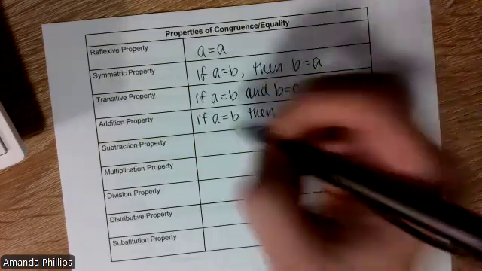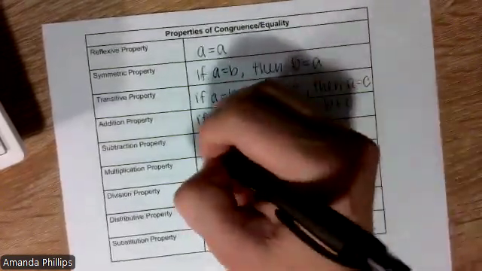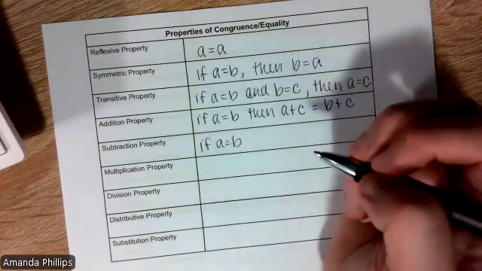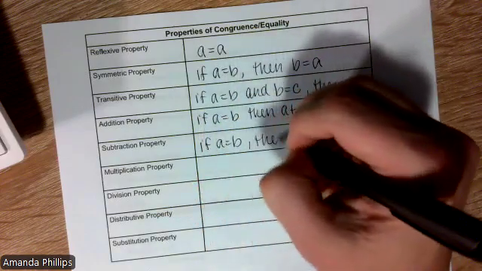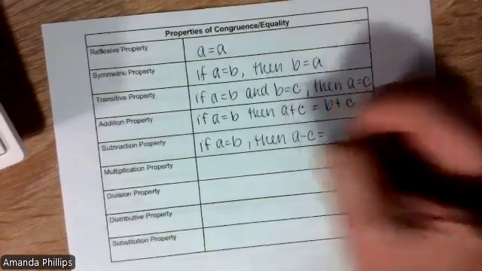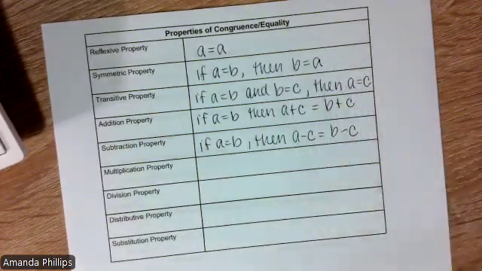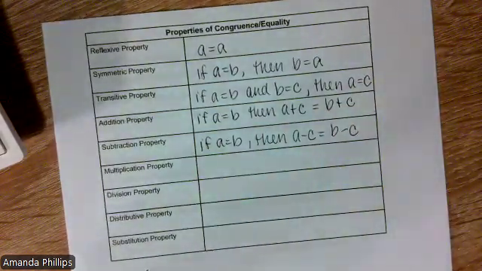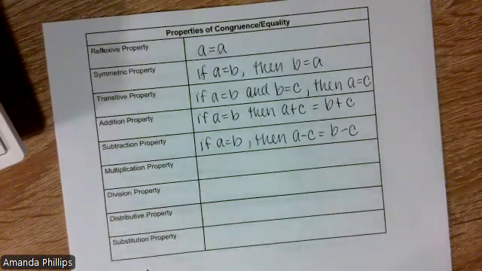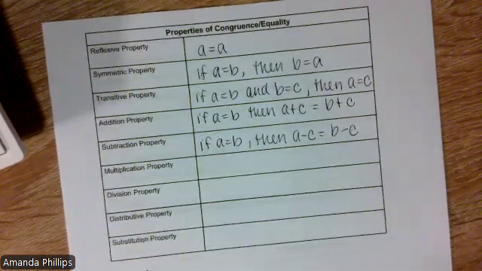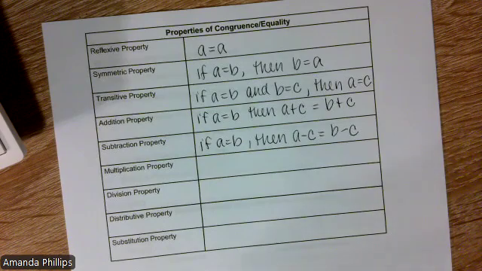The subtraction property is just like the addition, only we subtract. So we say if A equals B, then A minus C equals B minus C. Okay, now again, right now this seems really abstract and kind of hard to wrap your brains around. Once we see some examples, it'll make more sense.